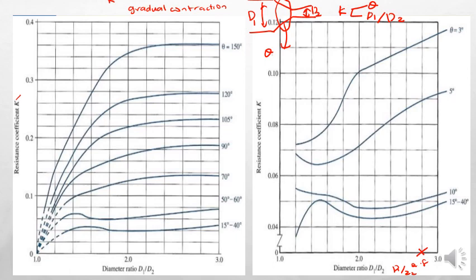And then let's say that theta is 15 degrees. So it touches this line. You can just get the intersection, and this is your K value, somewhere around 0.048 or something like that.